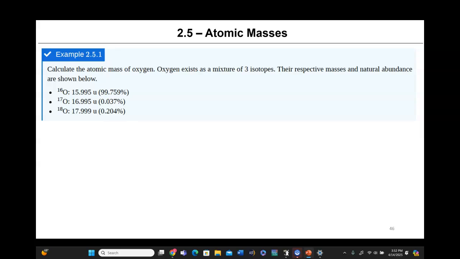So here's another one. This is a little bit more complicated because we've got three isotopes of oxygen here. The masses are given, and then we've also got the percentages. So it's the same thing. We're going to take the percentage of the first isotope, divide that by 100, and then multiply that by the mass.